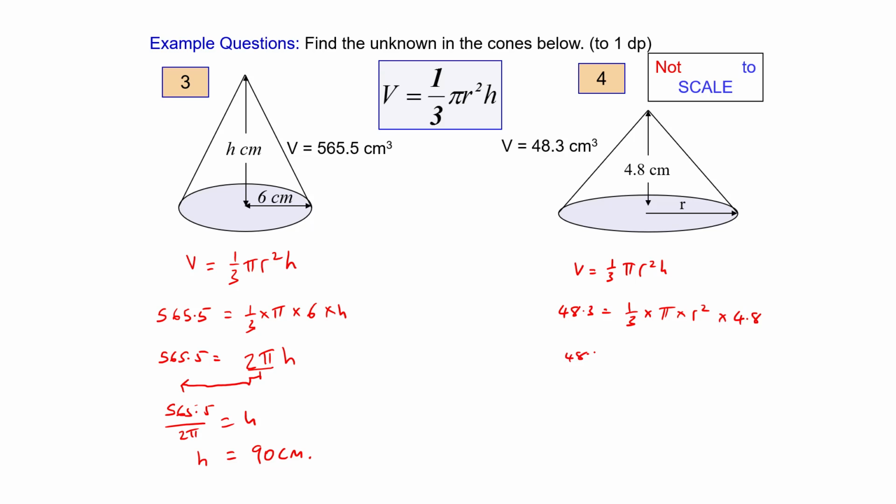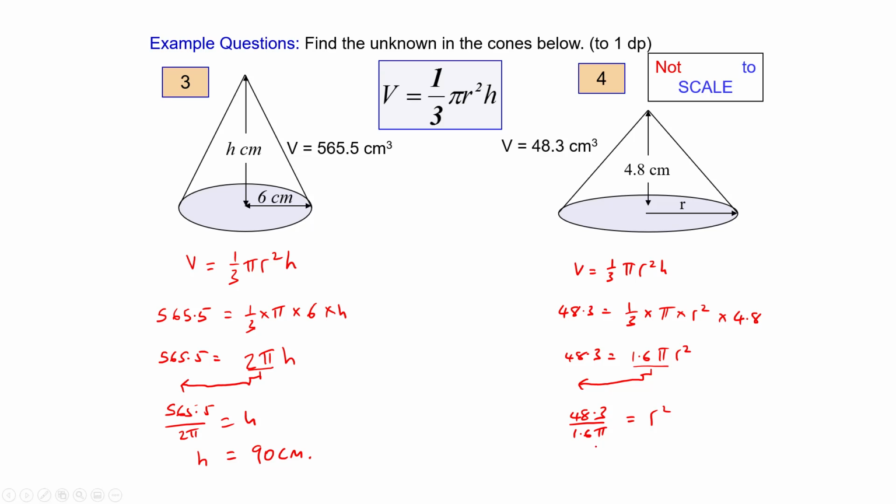So 48.3 is equal to 1/3 times pi times 4.8. 3 goes into 4.8 1.6 times, so that leaves us with 1.6 pi r squared. So to get the r squared on its own, we're going to divide the 48.3 by 1.6 pi, which is equal to r squared.